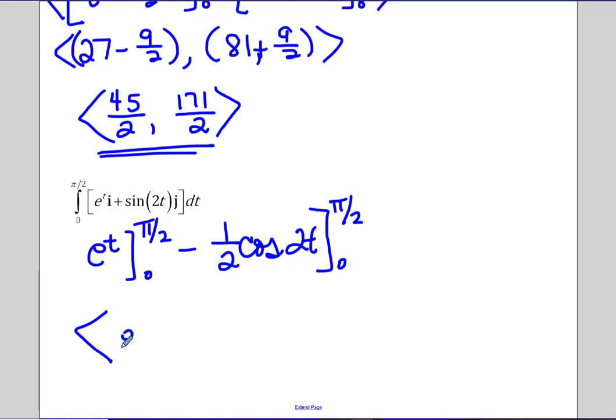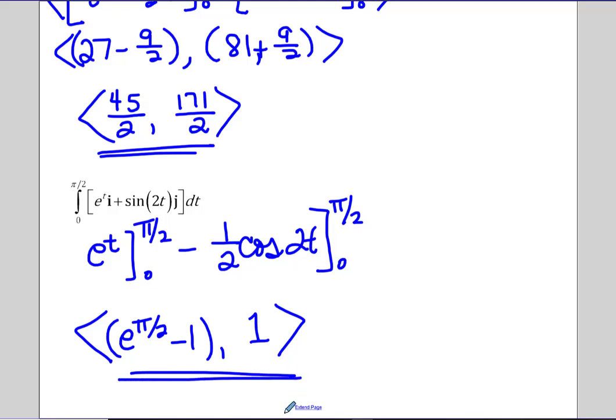So here we have e to the pi over 2 minus e to the 0 for the x component, and then what we got, -1, so minus -1 from 1 for the y component.